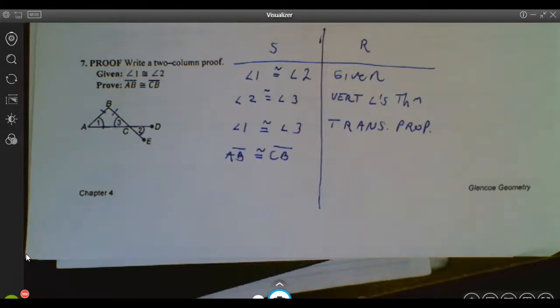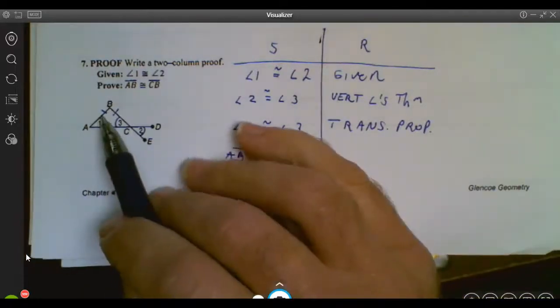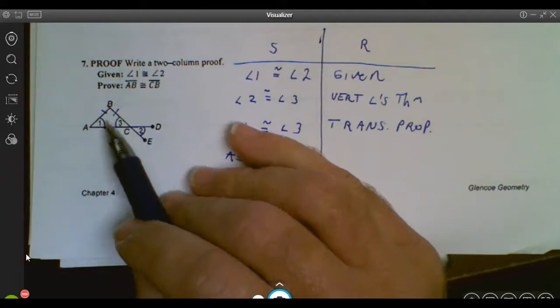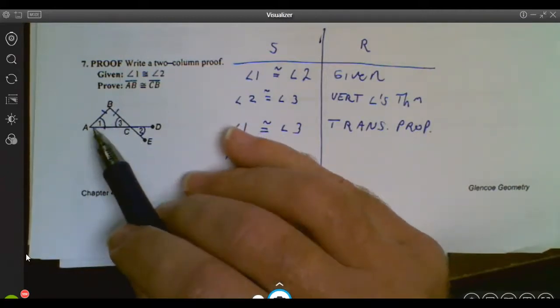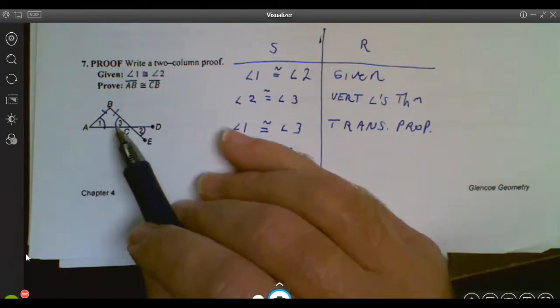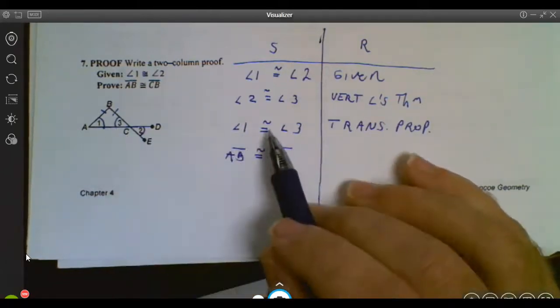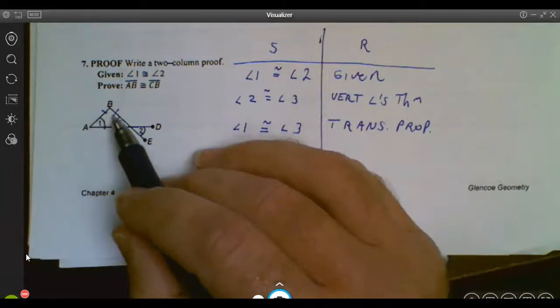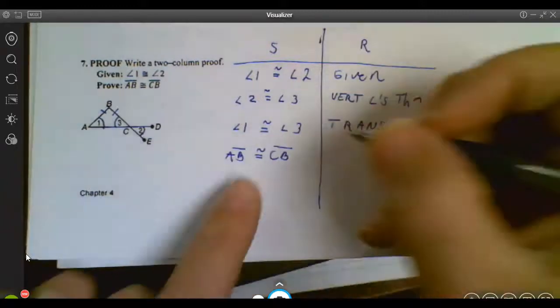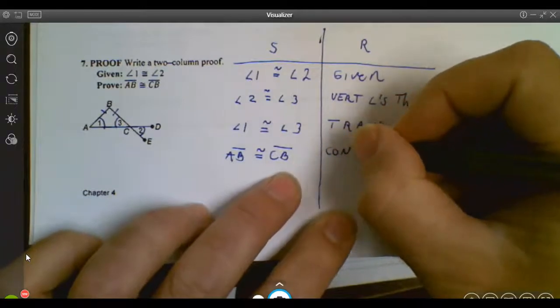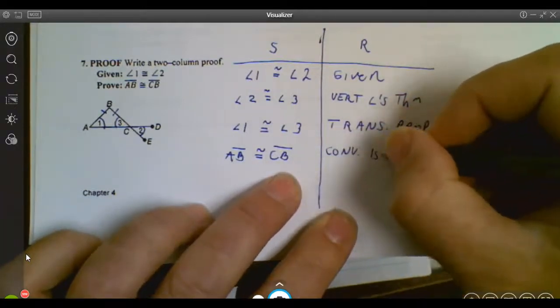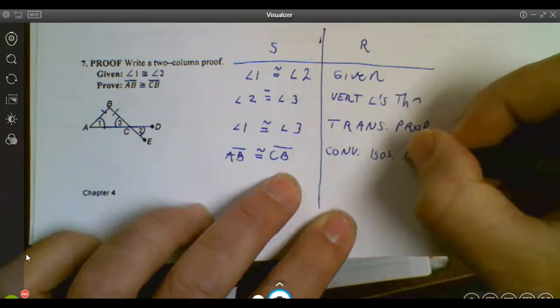This would actually be the converse of the theorem. So the original theorem, if you back up a page in your notes, says if those two sides are congruent, then those two angles are congruent, right? The converse of that says if these two angles are congruent, which is what we have, then these two sides are congruent, and that's what we're trying to prove. So this would actually be the converse of the isosceles triangle theorem.